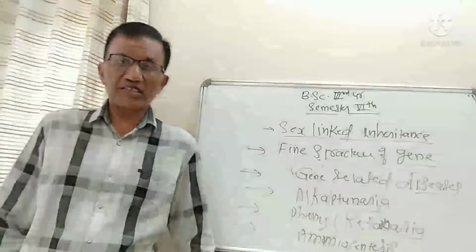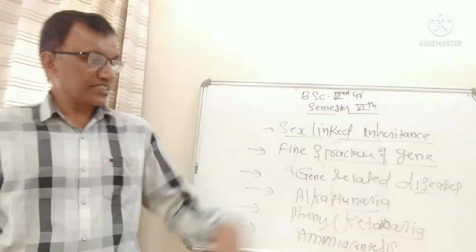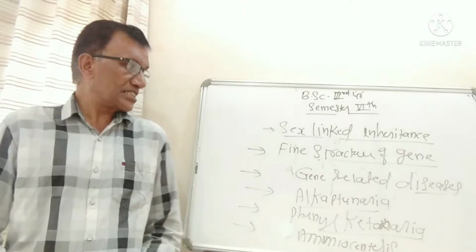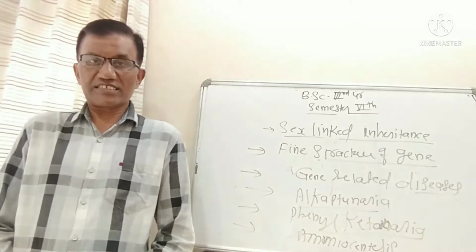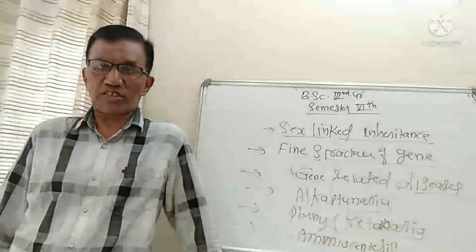And these things we studied in yesterday's class. After that, there is one more thing mentioned in your syllabus, that is the fine structure of genes. How can we define the structure of genes?